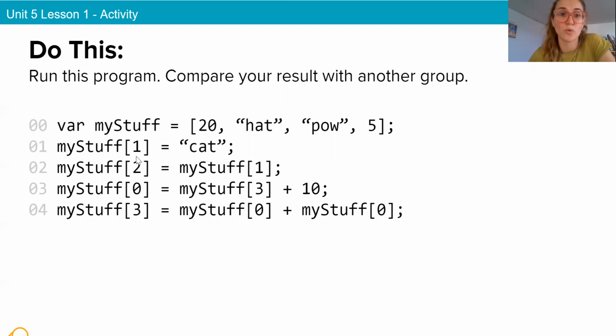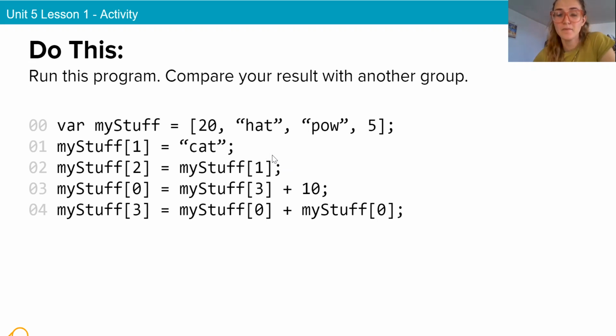So I'm going to replace index 1 with cat. I'm going to change hat to cat. And then myStuff[2] is now being assigned to myStuff[1]. So I just assigned myStuff[1] to be cat. So now I'm going to change myStuff[2] to also be cat.